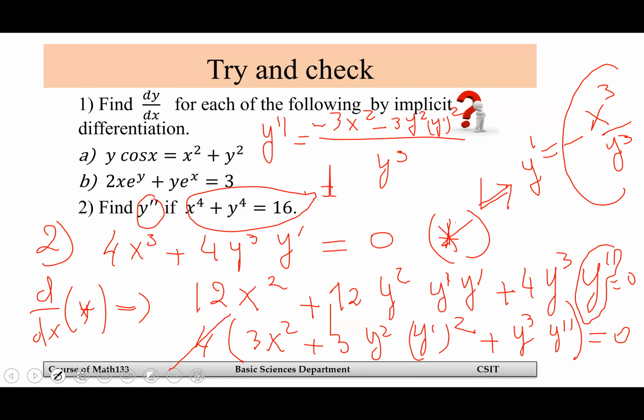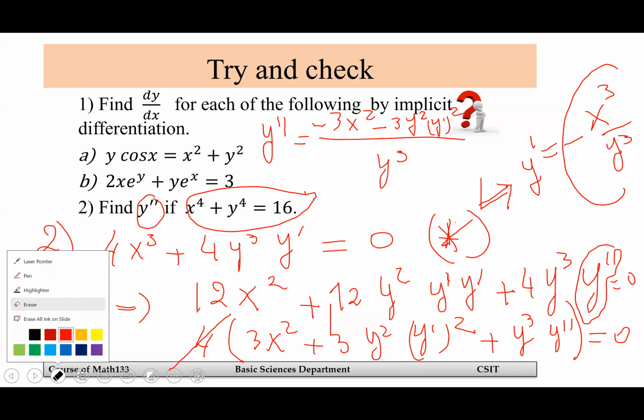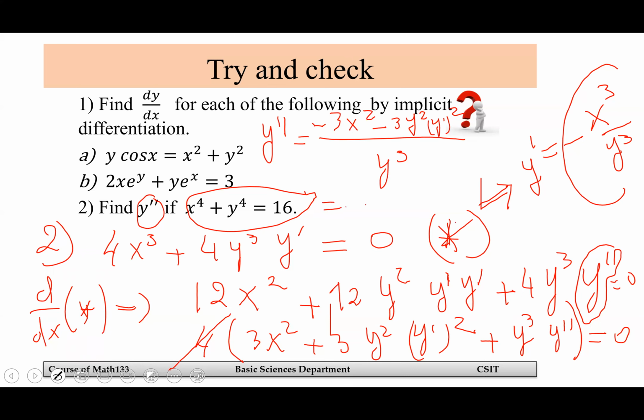So here it will be equal to minus, there is a minus common factor, y cubed, and 3x squared minus 3y squared times (y prime)^2, so it will be like 3x to the power 6 over y to the power 4.